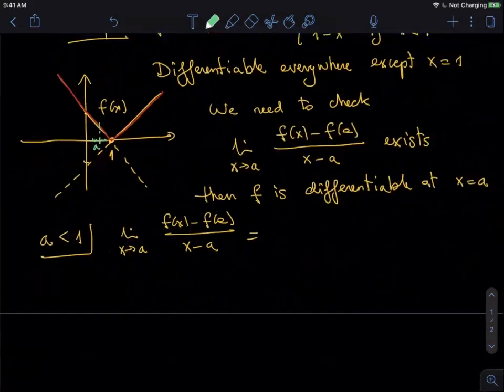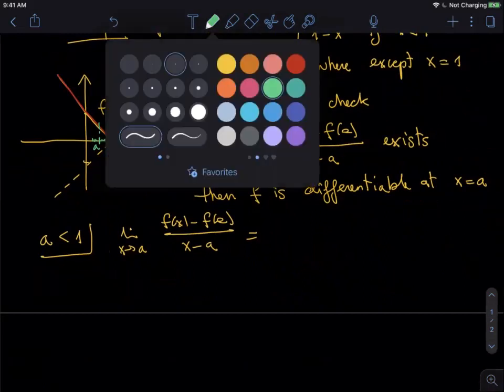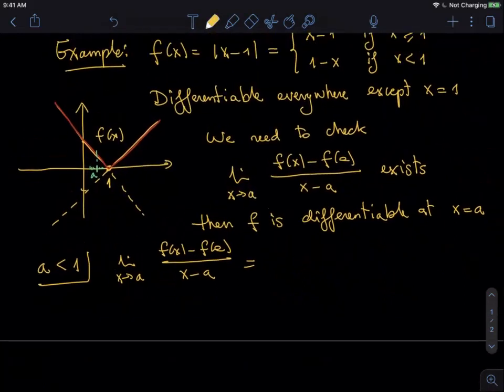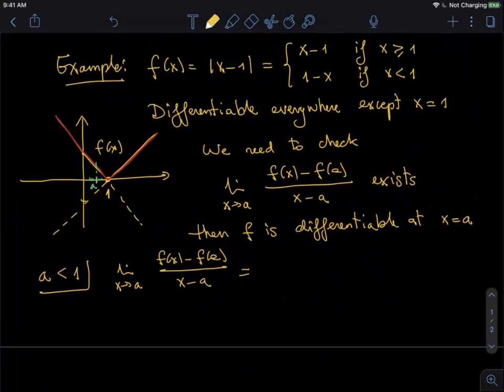Those values that are very close to a, we can assume that they are already on the left of 1, that they are smaller than 1, because that's the limit process. You only care about the infinitely many values that are infinitely close to the number a.